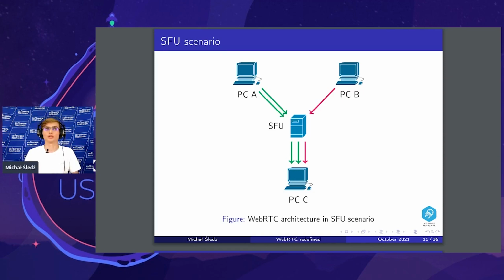If we wanted to use MCU, then MCU would perform some multiplexing, some audio and video mixing. So MCU basically requires more computational resources to perform re-encoding.